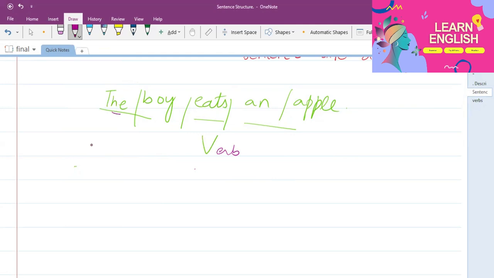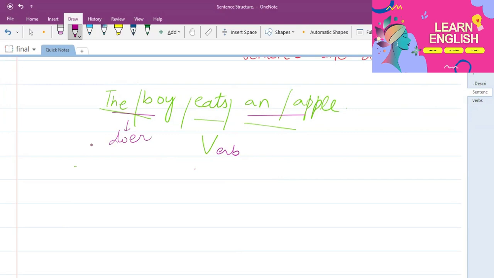So, what is the boy and what is an apple? We have it as a noun over here. The boy is the noun. And what he is doing is he is performing the action. He is eating the apple. All right. So he is doing, hence he's the doer.